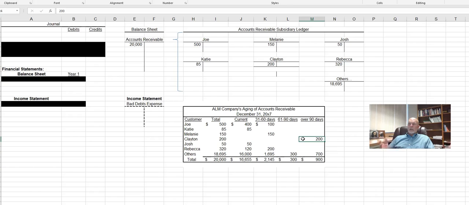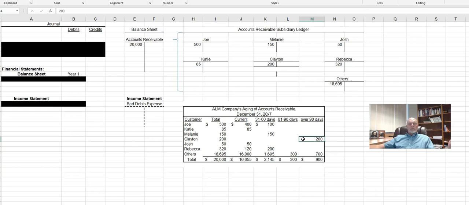Or maybe we found out that Clayton got thrown in jail and has gone bankrupt, and for whatever reason, we realize that we're not going to collect that $200 from Clayton, and we're ready to just give up on it. In that case, we're going to write off Clayton's account.